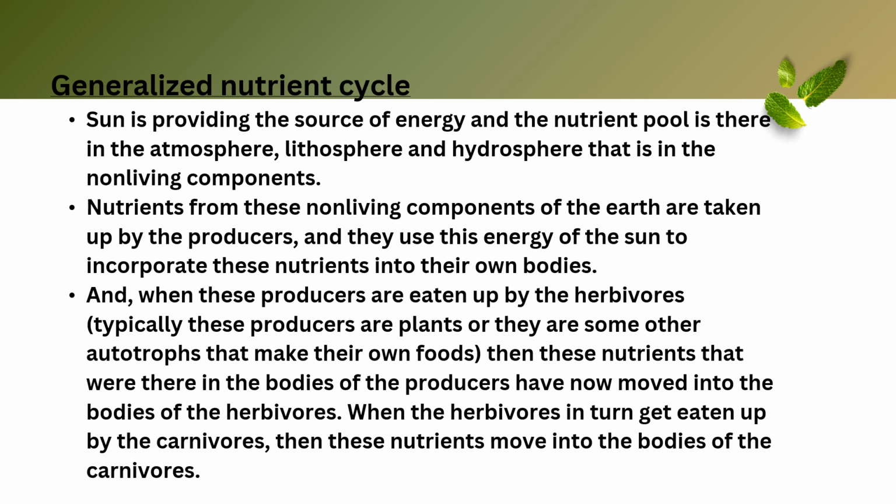And when these producers are eaten up by herbivores, typically these producers are plants or some other autotrophs that make their own food, then these nutrients that were there in the bodies of producers have now moved into the bodies of herbivores. When the herbivores in turn get eaten up by the carnivores, then these nutrients move into the bodies of the carnivores.